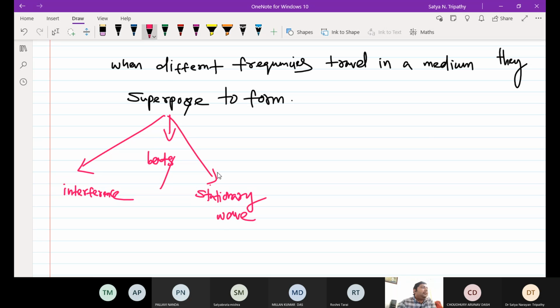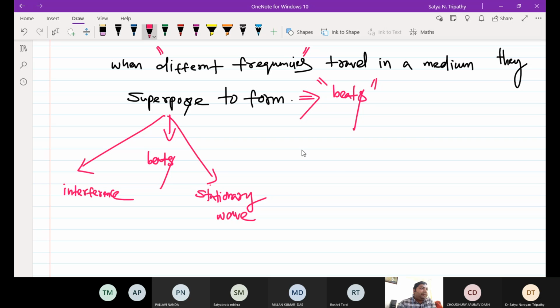So what I'm asking here: when different frequencies travel in a medium, like light having 7 colors traveling in glass or air or water, they superpose to form what? Which of the phenomena: interference, beats, or stationary wave? This is for different frequencies. Can anyone tell me? The beats. Yeah, this is beats. Very good.